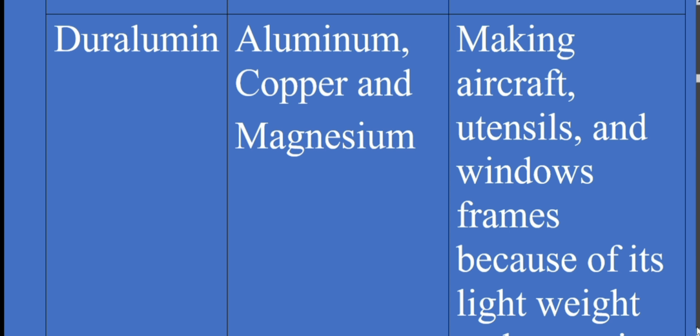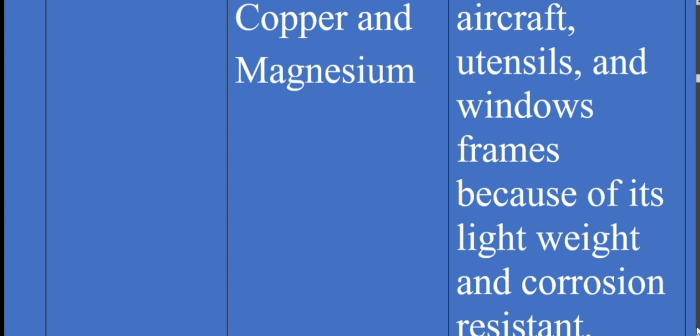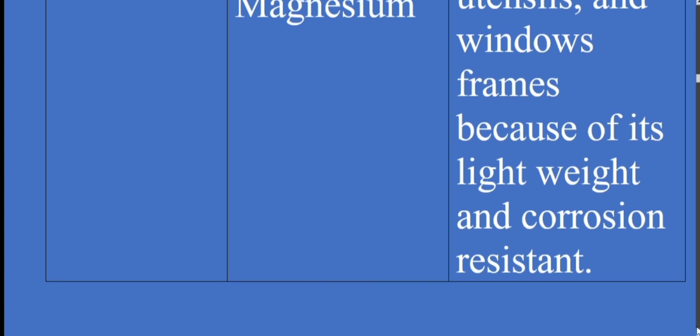This alloy is used in making aircraft because of its lightweight. You have also utensils and window frames. The reason it is used in them is because of its lightweight and it is resistant to corrosion.